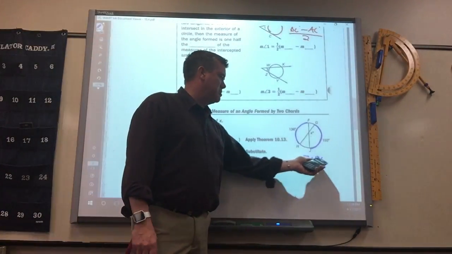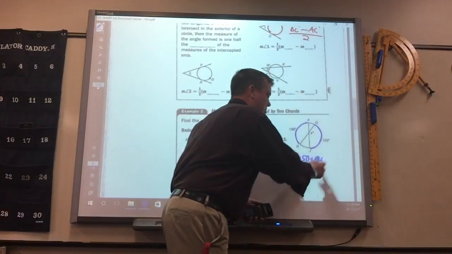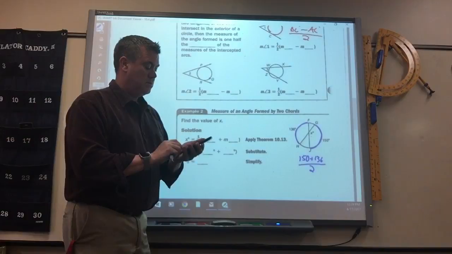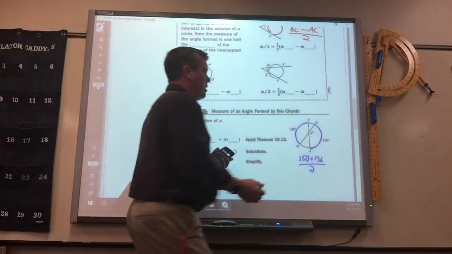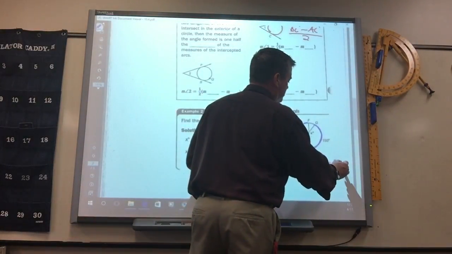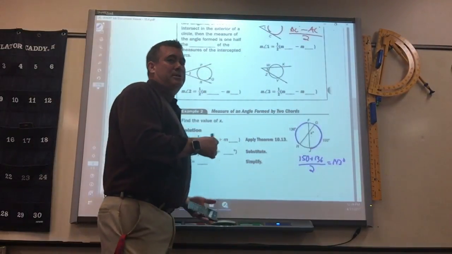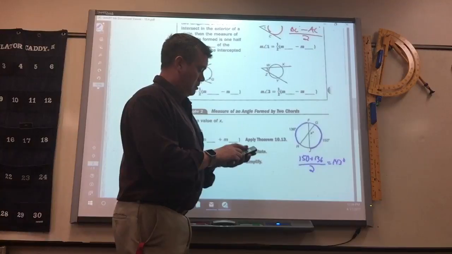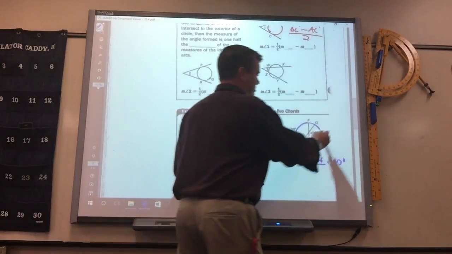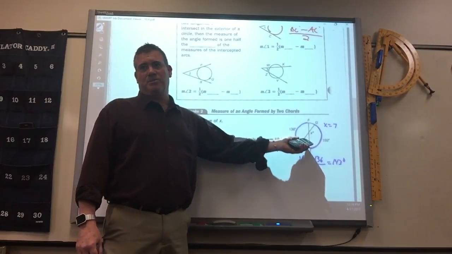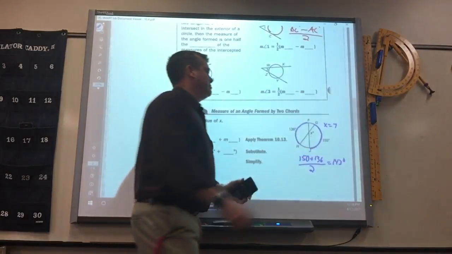If you just go this plus that divided by 2, it's only going to divide these two. So make sure you press equals. And you get 143. Okay? Now, if you did the wrong thing, if you happen to subtract them, you would get 7. Common sense tells you that's not going to be 7 degrees, right? Okay.